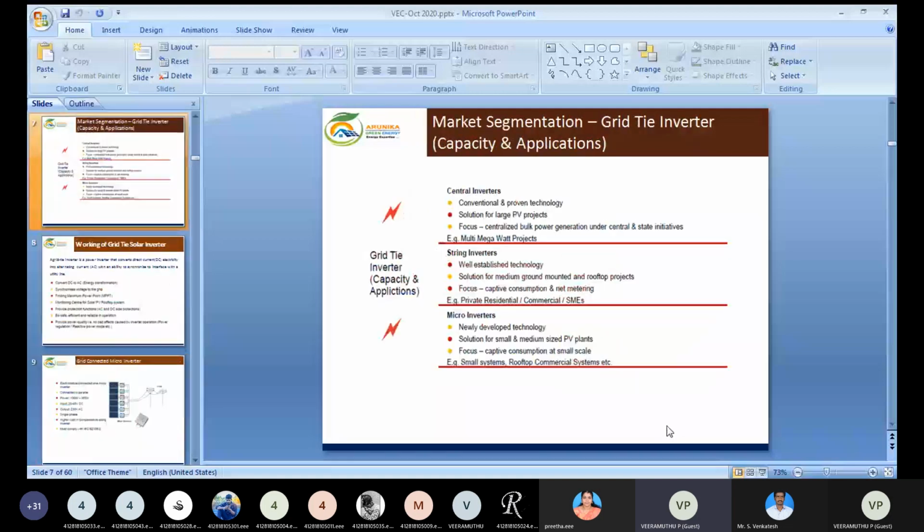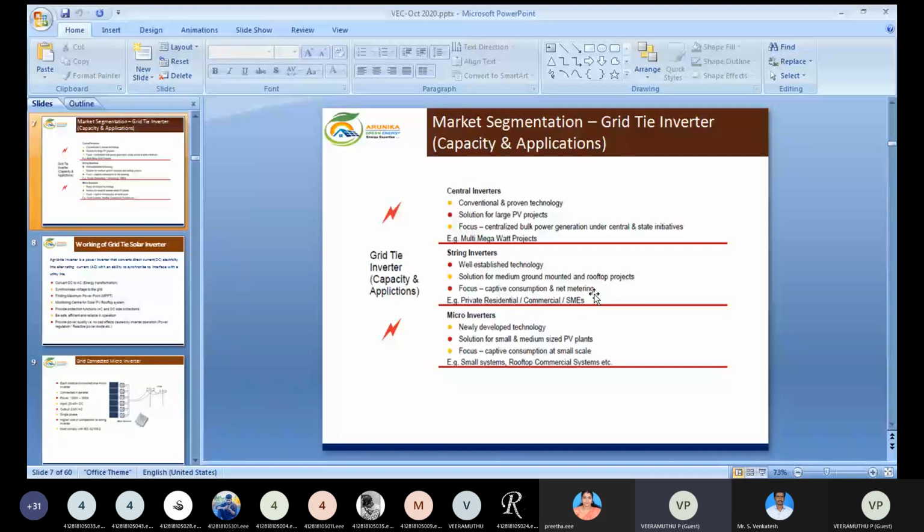So this is the market segmentation: central inverters, string inverters, and micro inverters. Central inverters are used for mega scale power plants. String inverters are for private, residential, domestic, and commercial purposes.